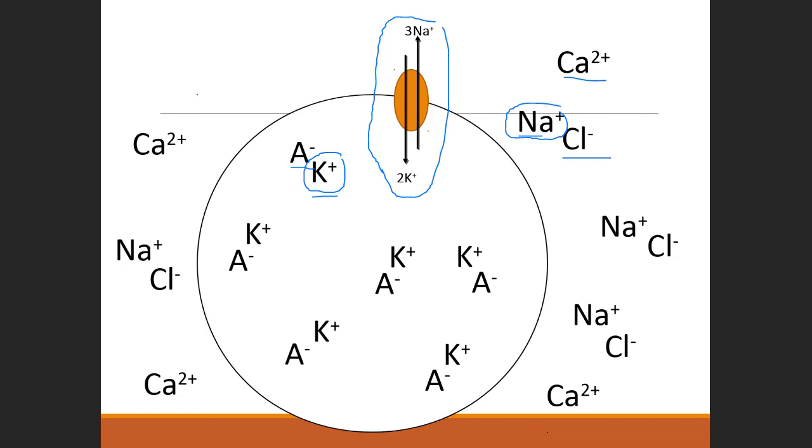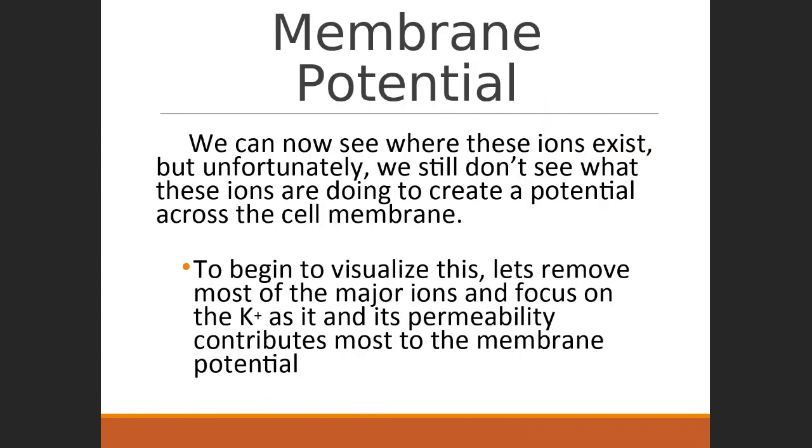We need to look at how these ions move back and forth this membrane, giving us the voltage that we're trying to measure. So we have to look at the movement of these ions and how they flux back and forth across the membrane in order to understand how it's going to look more like that battery with the electricity flowing through the wire.